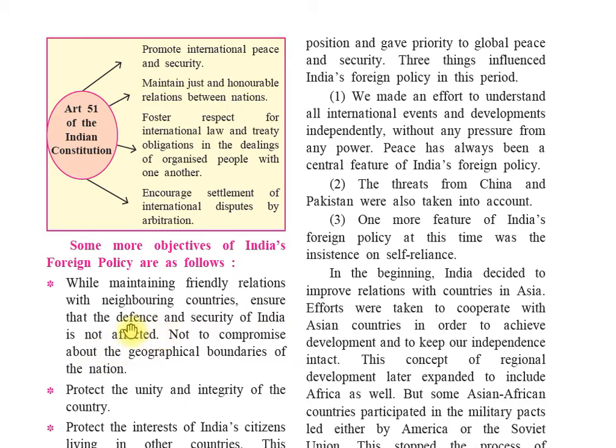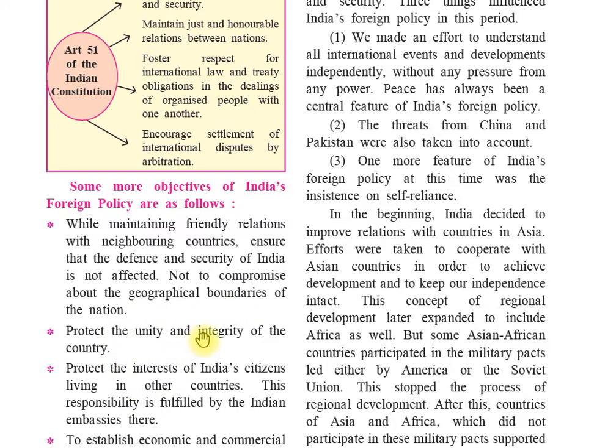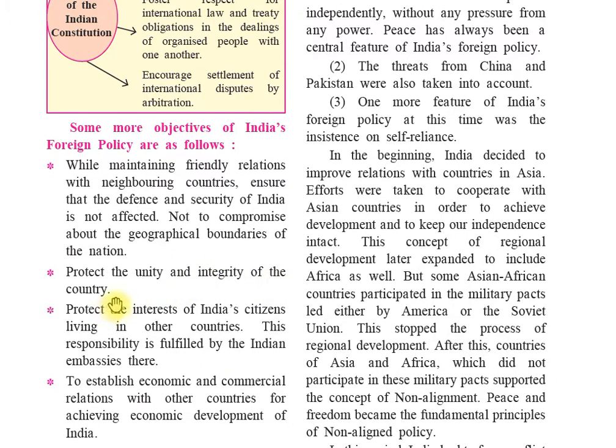Means the defense and security of India should not be affected when we are having peace with other countries. Not to compromise on the geographical boundaries of the nation. So let us not have a fight over the issues of geographical boundaries. I know every nation or every region is connected with its geographical boundaries. Protect the unity and integrity of the country.